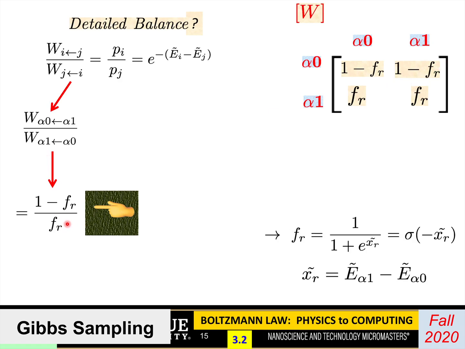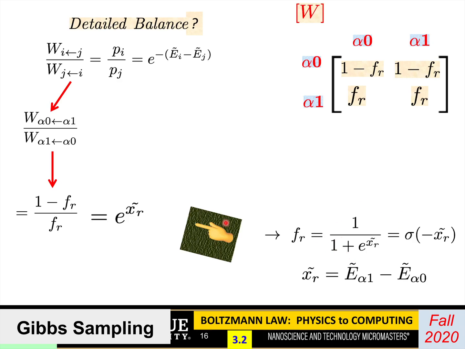And what's this equal to? Well, we have f_r, we have this expression, and what you can show is (1 minus f) over f is actually the exponential of x. How do you show that? Well, just a little bit of algebra. You'll notice this expression is really 1 over f minus 1. And 1 over f means the denominator, and when you take away 1, you're left with the exponential. So you can do this yourself.